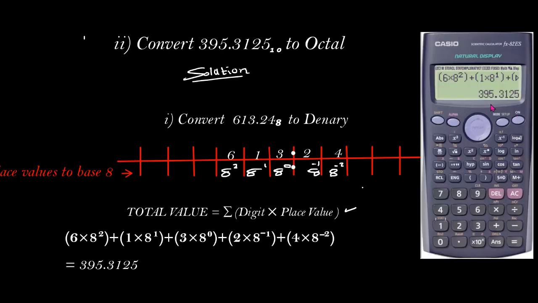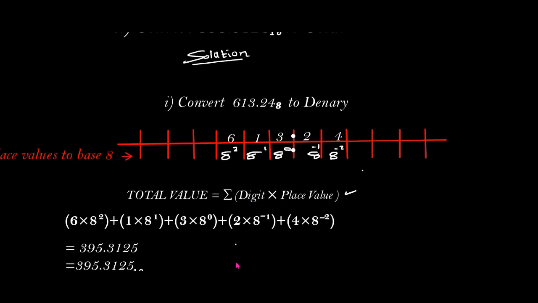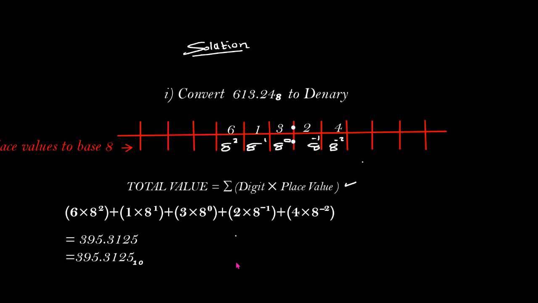So if you multiply the place values and the respective digits and sum all of them, you will get the total value of that number, which is 395.3125, and that number system is to base 10. So the total value of any number system is always to base 10.